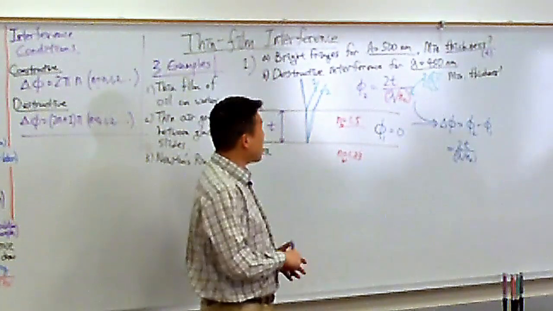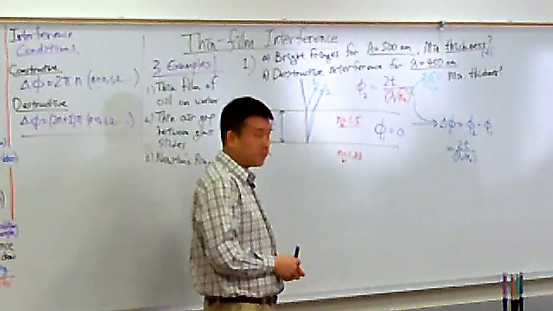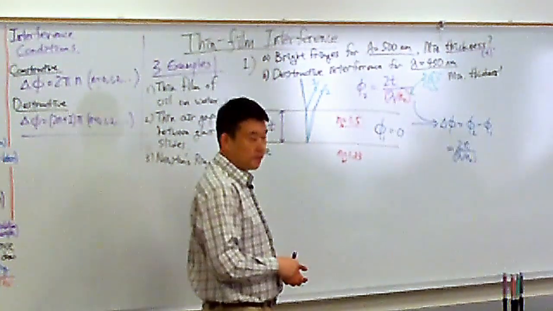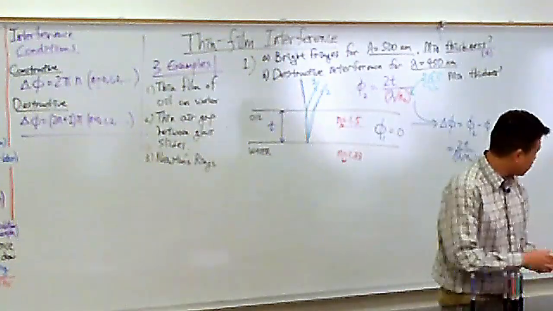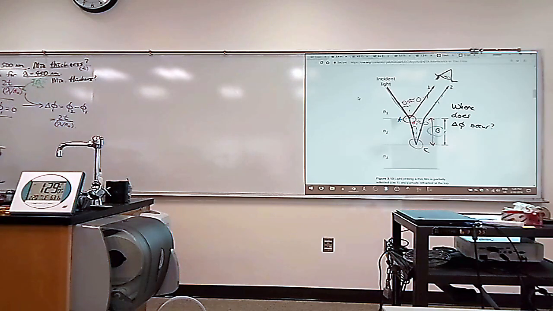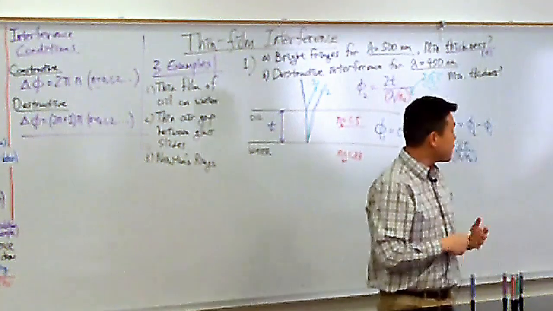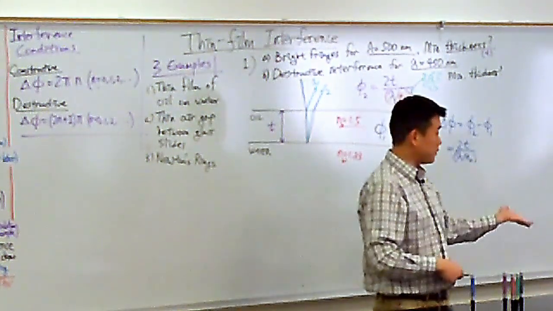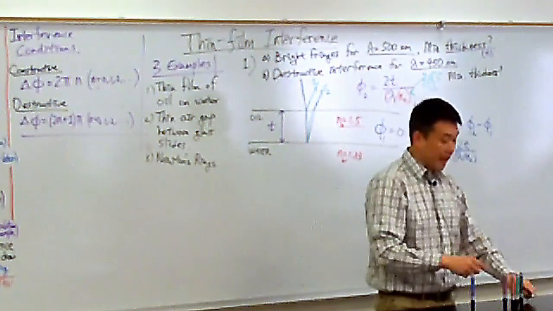So this is where I have to tell you the new rule. This is a rule involving phase shift. Whenever you have reflection going on, reflection from n1 to n2, or reflection from n2 to n3, you have to check for a condition. And depending on what that condition is, you are going to either get a phase shift or not get a phase shift.